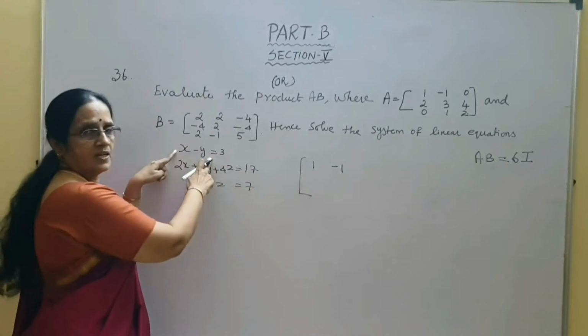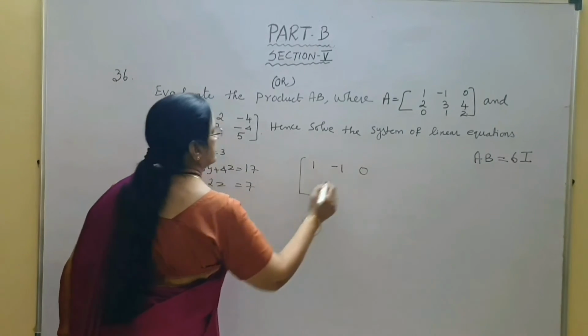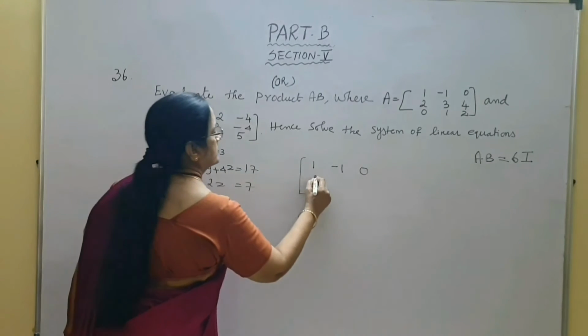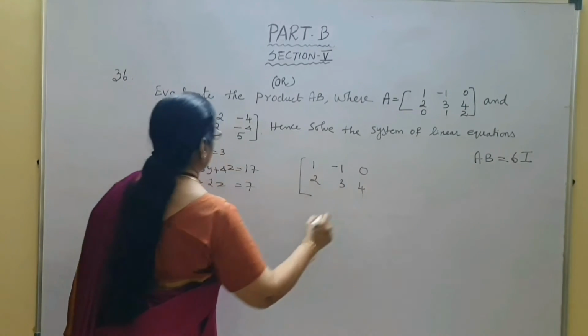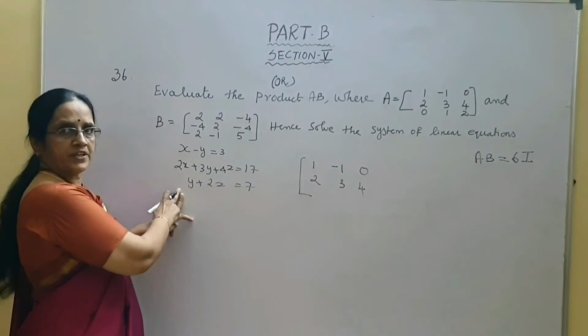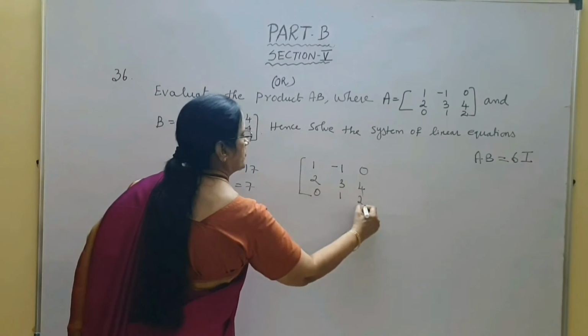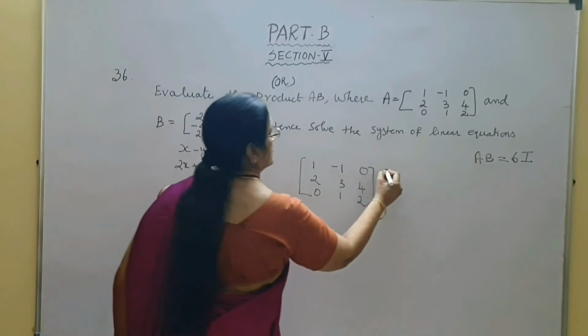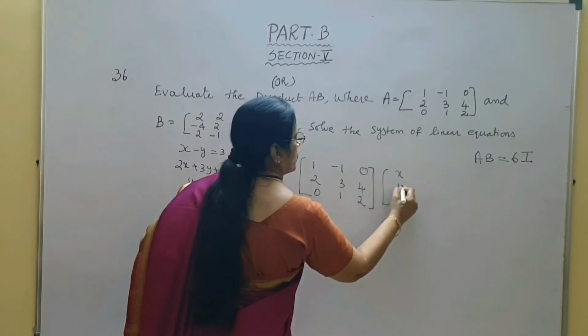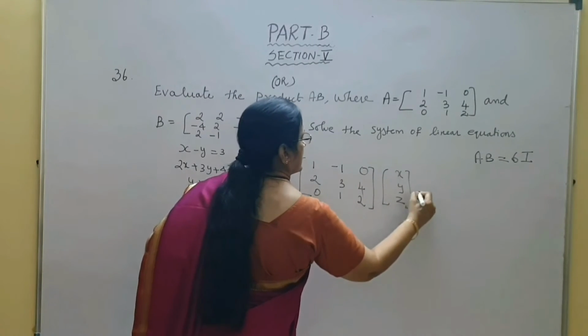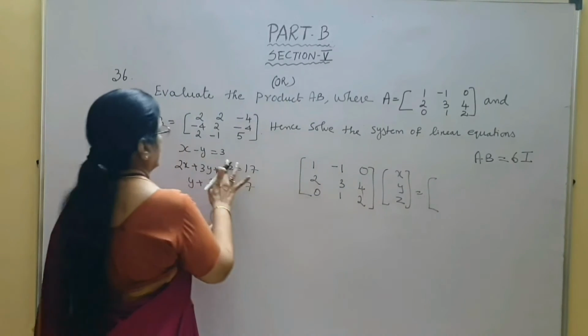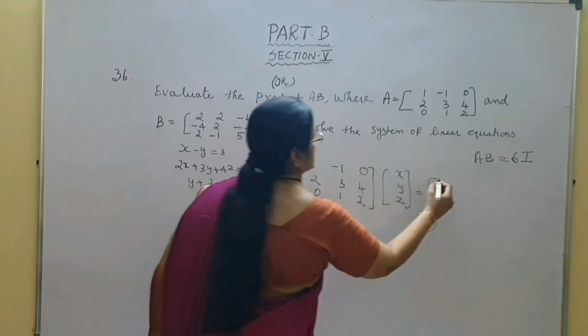There is no Z term, so 0. Here 2, 3, 4. Then there is no X term over here, so it is 0, 1, 2 into X, Y, Z equal to 3, 7, 7.